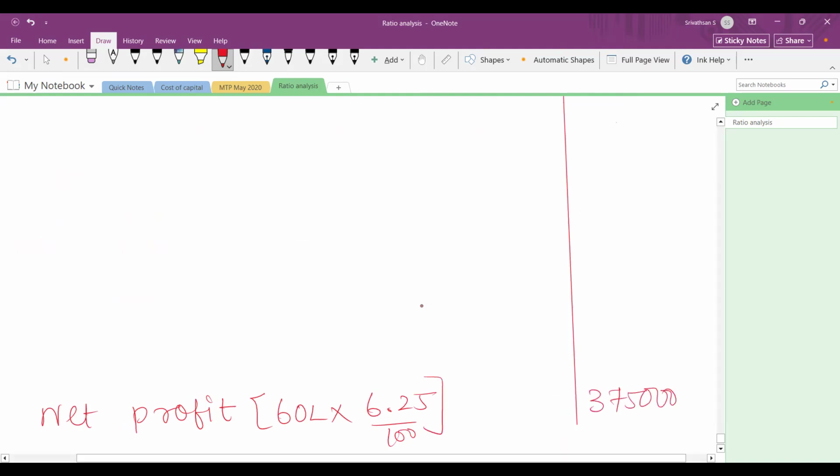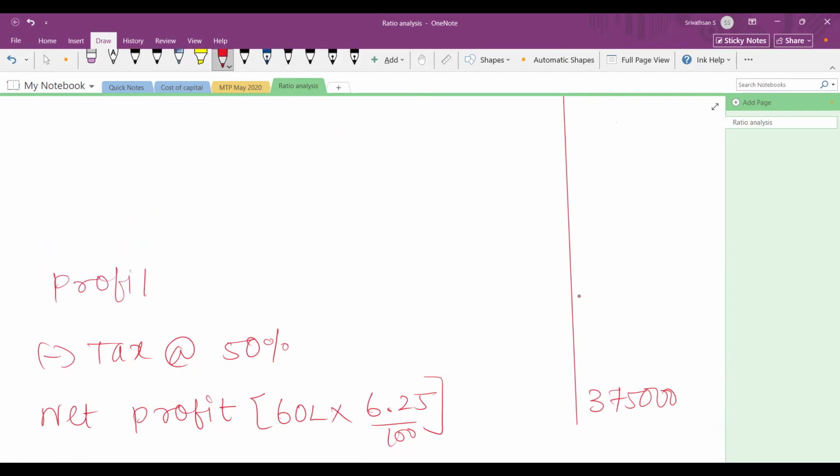How much? 3,75,000. Clear? Now minus tax. Tax is at 50%, right? From profit before tax, we would have subtracted tax and we would have got net profit. Now listen, we don't know what profit before tax is, but if I keep it as X, out of which 50% is gone for taxation, the remaining 50% is profit after tax, net profit, right?